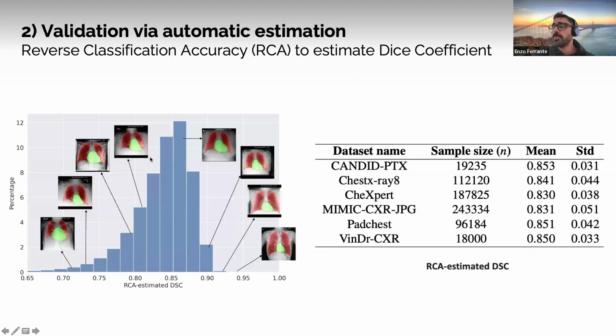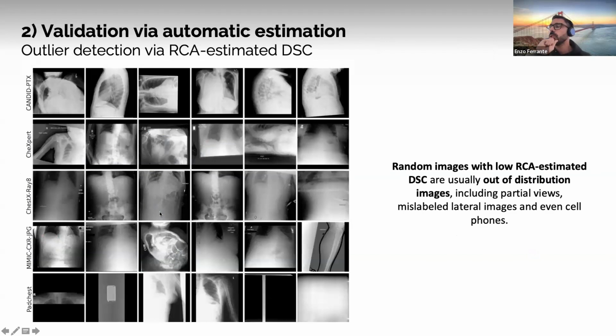Actually, what we did was to empirically analyze these images, and something pretty interesting that we found was that the estimated dice coefficient was kind of an outlier detection algorithm, because if you look at images where our model was providing a very low estimated reverse classification accuracy dice, you were finding these kind of images.